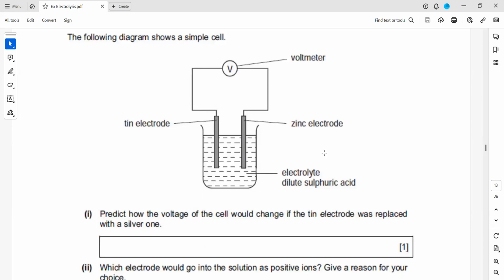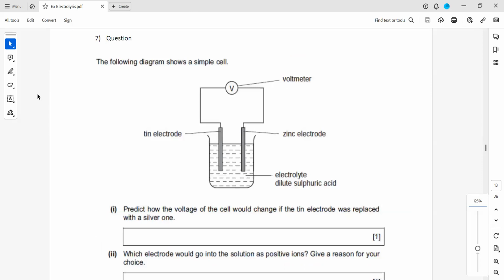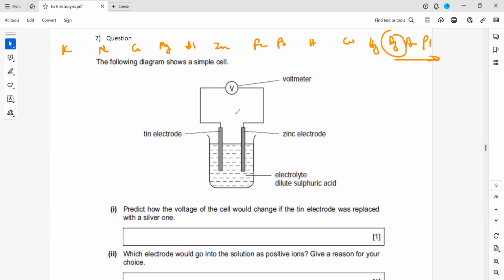Tin is not shown in the reactivity series which we discussed, but the idea is given to you that you're using silver. Silver is the least reactive metal; silver, gold, platinum are the least reactive metals. The common reactivity series includes potassium, sodium, calcium, magnesium, aluminium, zinc, iron, lead, hydrogen, copper, mercury, silver, gold, and platinum. So silver is on the side of the least reactive metals.